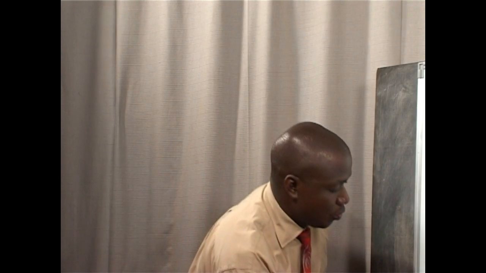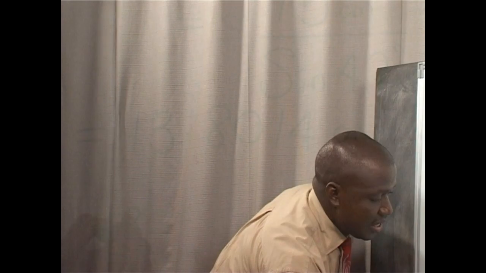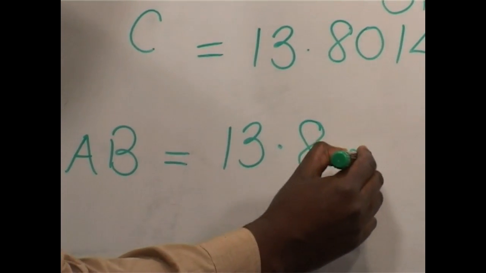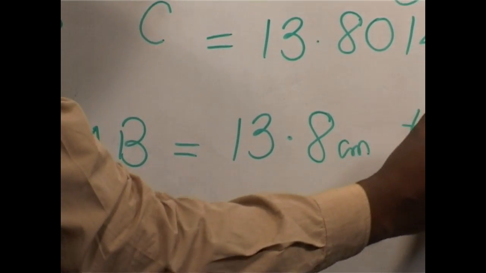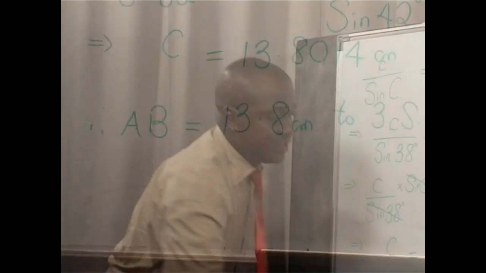As per standard, we must round off this answer to 3 significant figures and make the conclusion that AB is actually equal to 13.8 centimeters to 3 significant figures. So for the first question, this is the answer that I expected you to get.